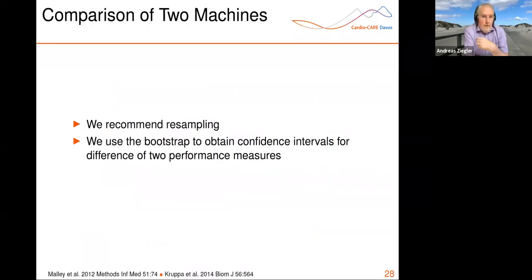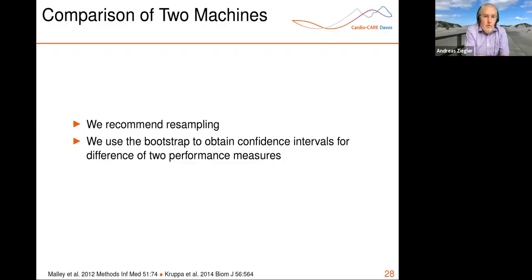Now we have the evaluation measures, so the losses, and how can you do the comparison of two machines if you have, let's say, two different calibration approaches? How can you judge whether one calibration approach is better than the other, or the one is non-inferior to the other, and so on? We have written a few words about this in a couple of papers, and I've provided you with two references on this topic.